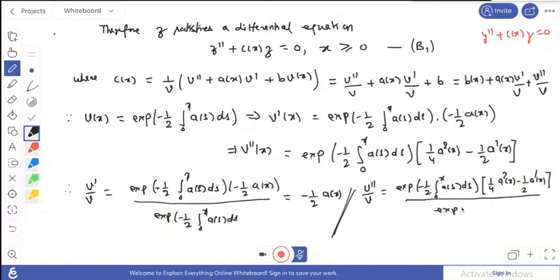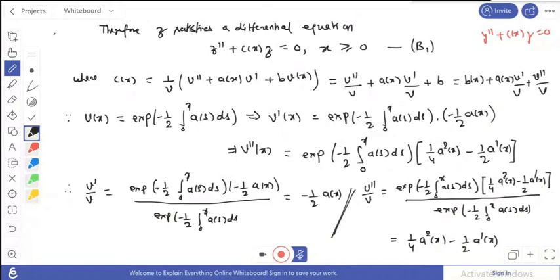V is exponential of minus 1 by 2 integral 0 to x as ds. Okay, so if we try to solve this thing, you get 1 by 4 a square x minus 1 by 2 a prime x.